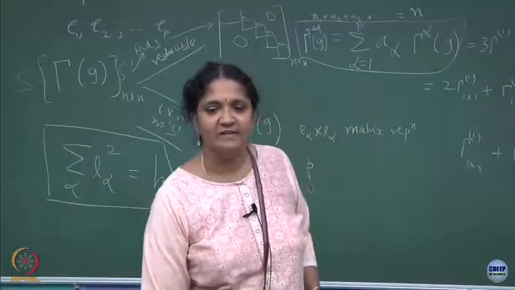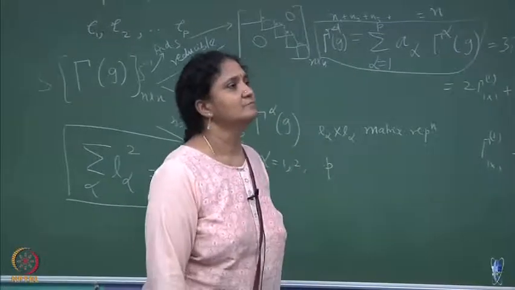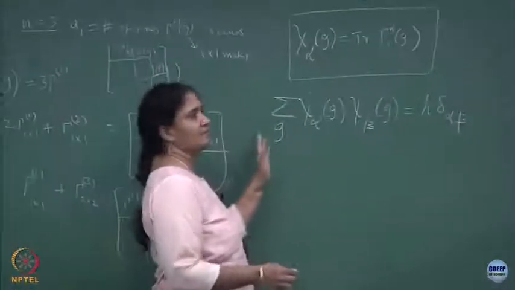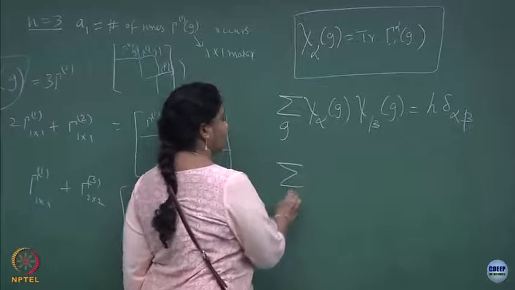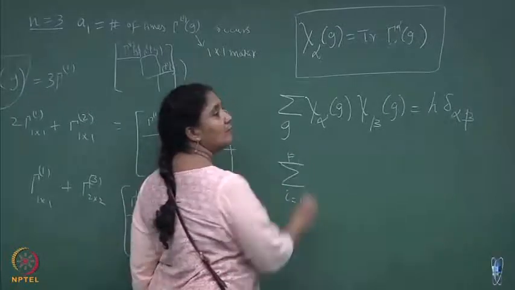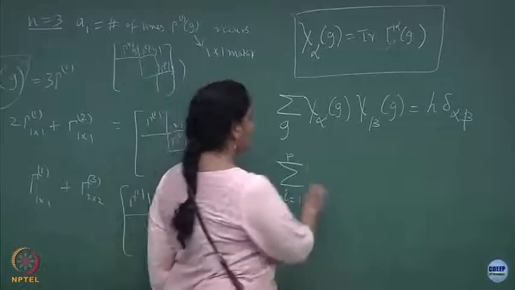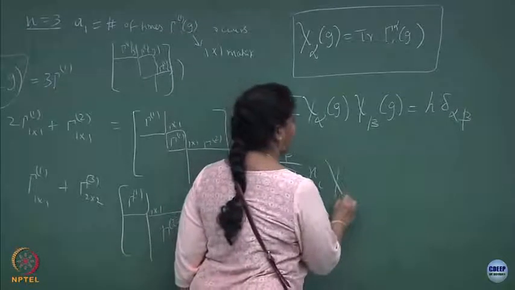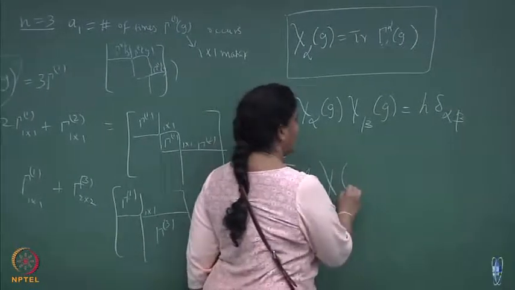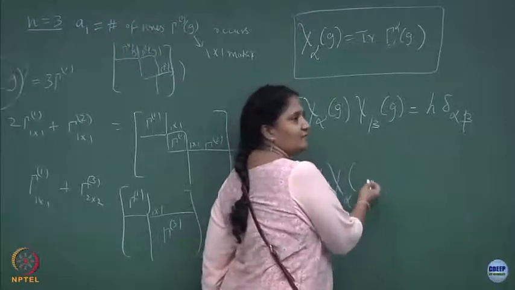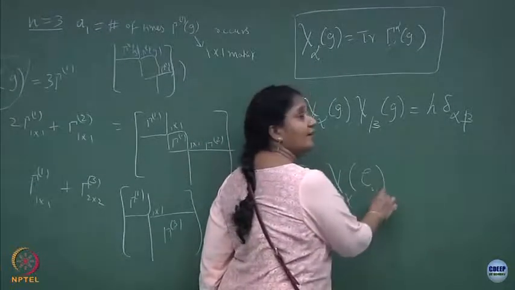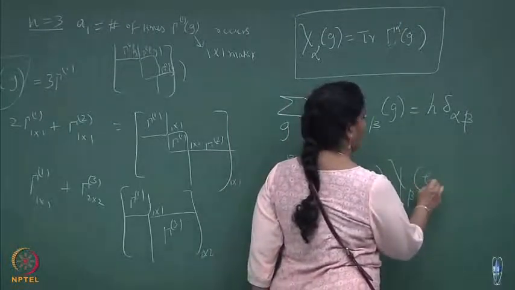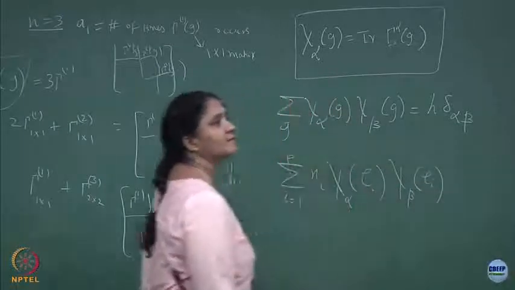Equivalently, since the character within the class is the same, you could replace this by a summation over classes, 1 to p, the number of elements in the class i, and then you have a character for the irrep alpha for a candidate in that class, which you can take as formally C_i, and chi beta for the candidate in the same ith class.